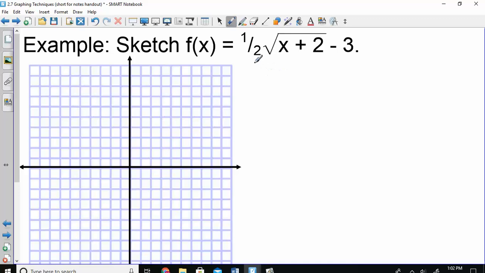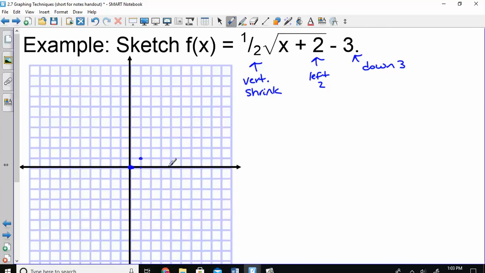The 1/2 is on the outside, so it's a vertical. Does what we think, so it will shrink. This plus 2 will move my graph left 2. And the minus 3 will move it down. Okay, so we start with our square root.